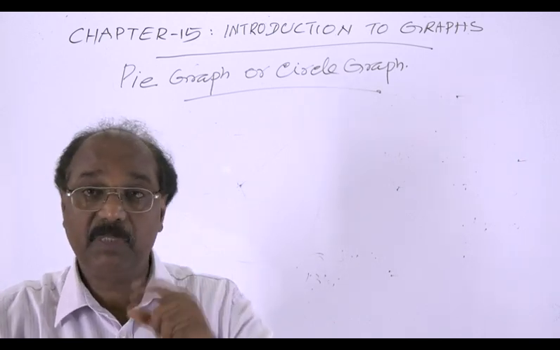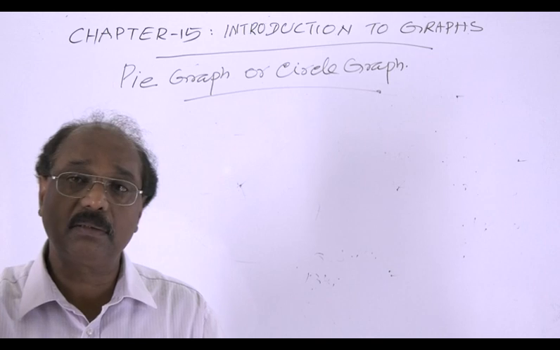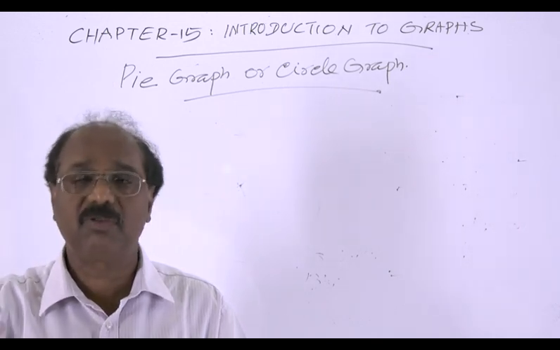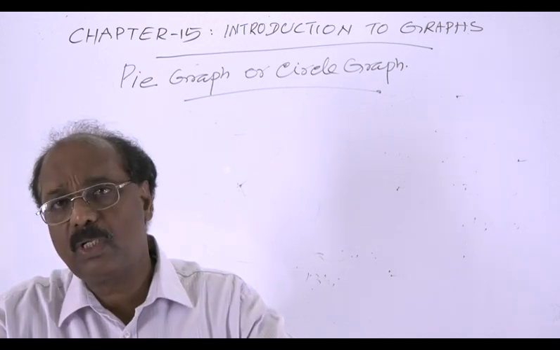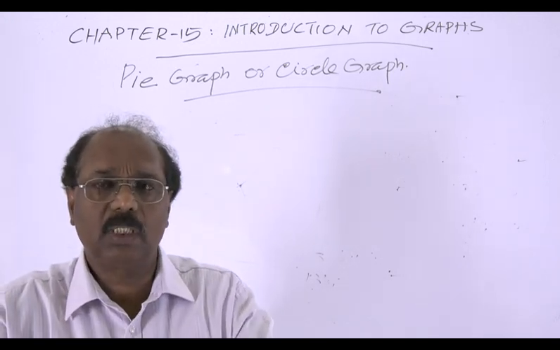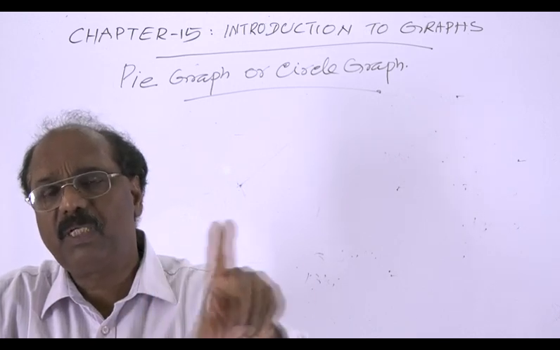And this is for one family. If there are more families, we can have more circles and subdivide them in the same way. Here we consider only one family with its components.